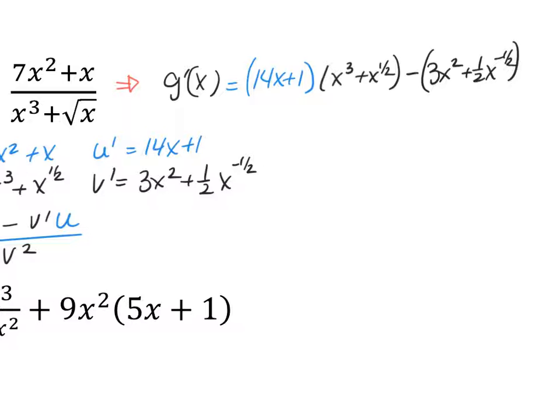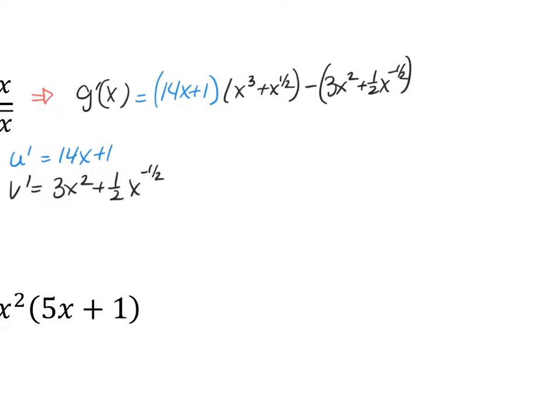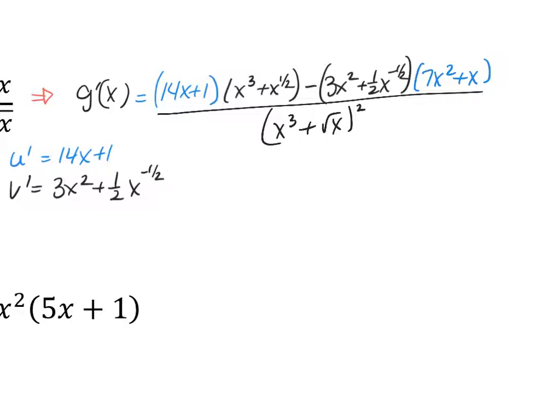And then I'm going to multiply that by my numerator, 7x squared plus x. And this is all over my denominator, which was x cubed plus square root of x, squared. All right, how are we doing so far?